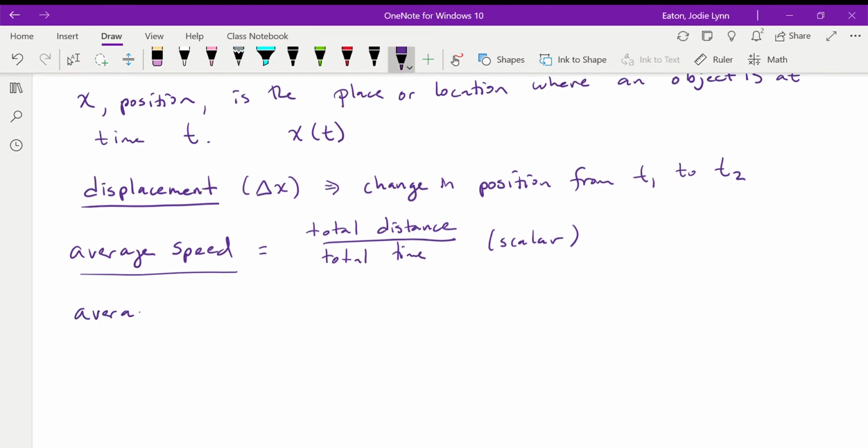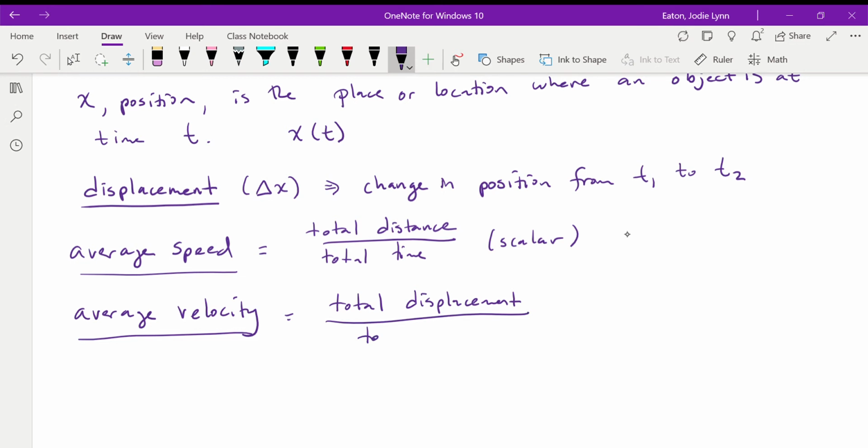So your average velocity is your total displacement over total time, and this is the same as the slope of the secant line between the points at time 1 and time 2.